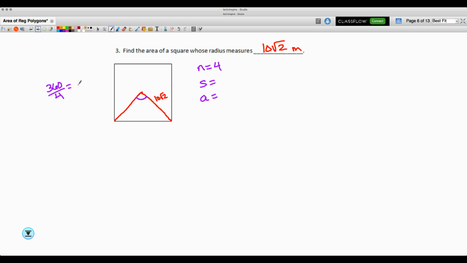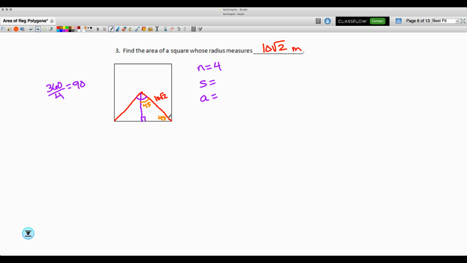Okay, so 360 divided by 4 is 90. Now, technically, you could stop right here and use the fact that, if that's 90, and this is an isosceles triangle, these both have to be 45, or you could go ahead and draw in the apothem, and because the central angle was 90, when you split that in half, that makes this 45. And so that makes this a little 45, 45, 90 triangle.